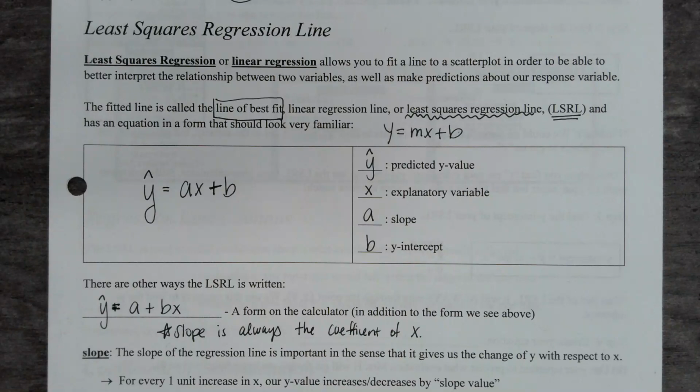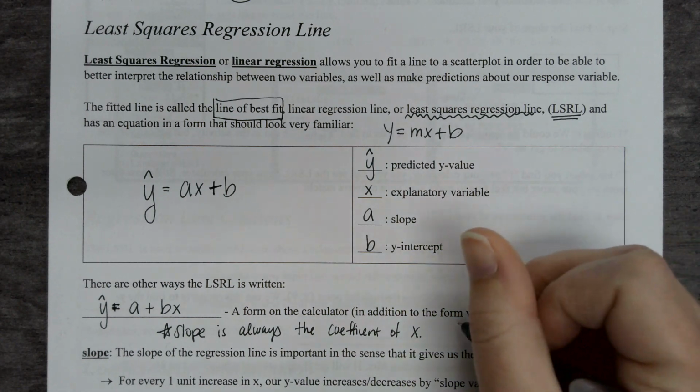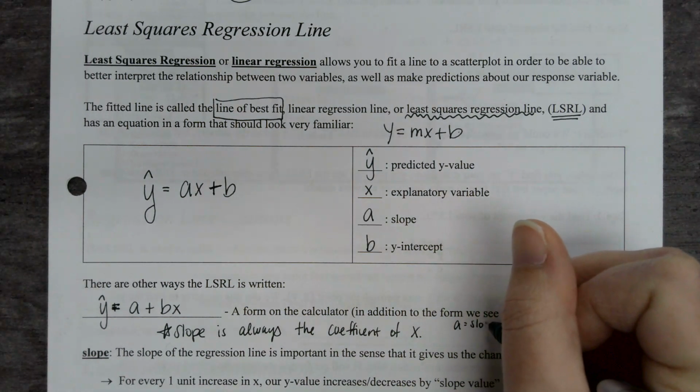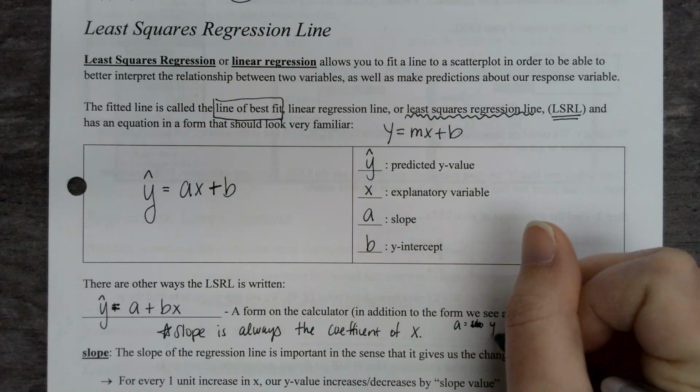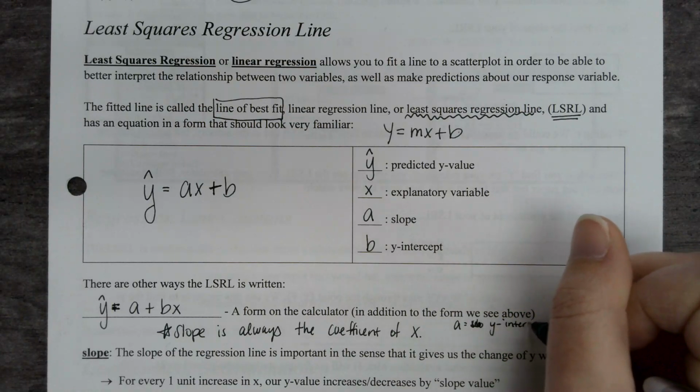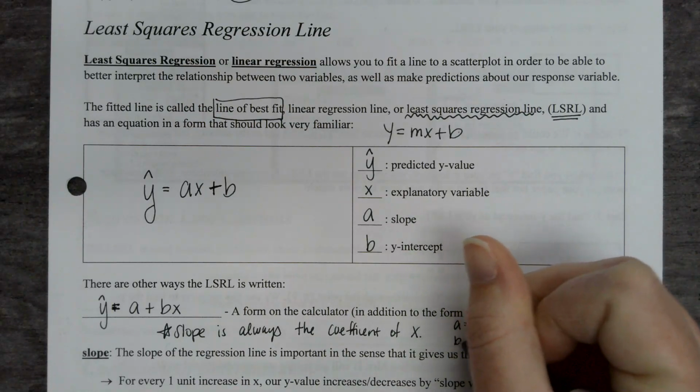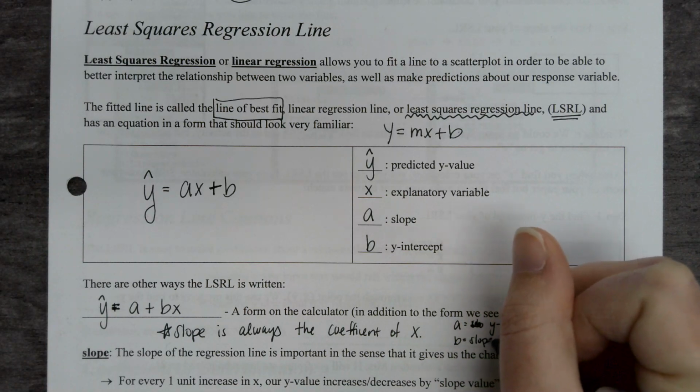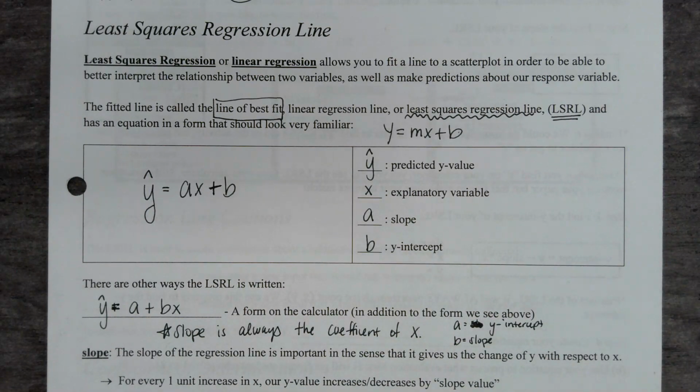Now, algebra terms, coefficient, number in front of the x. Think of it goes with the x. So really our a is our y-intercept here, and b is going to be our slope in this special equation. And you can use either in the calculator.